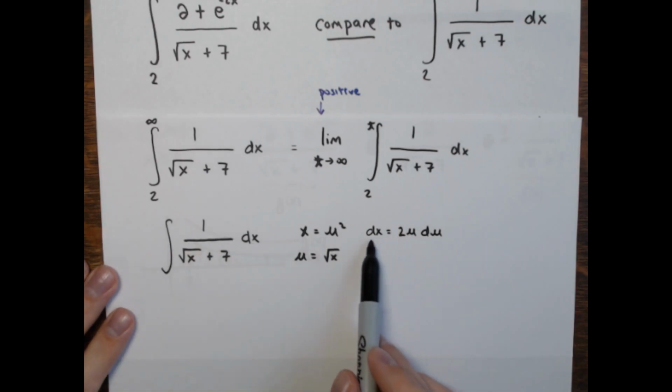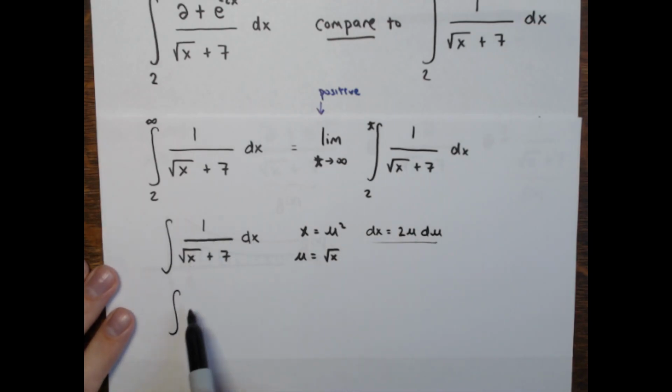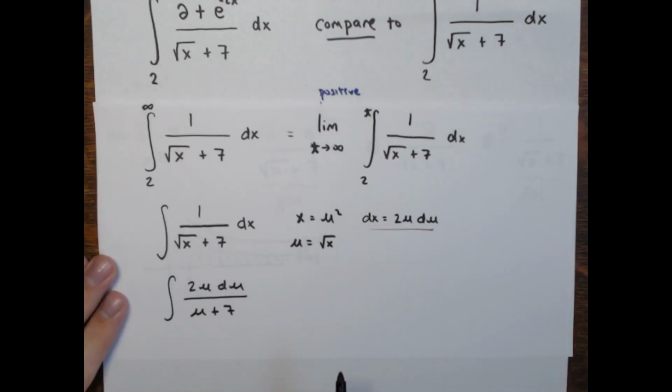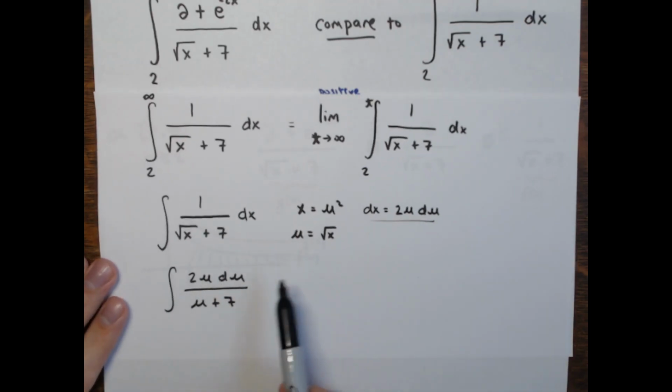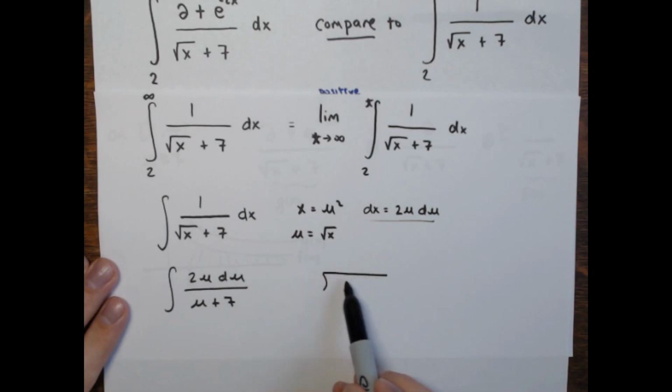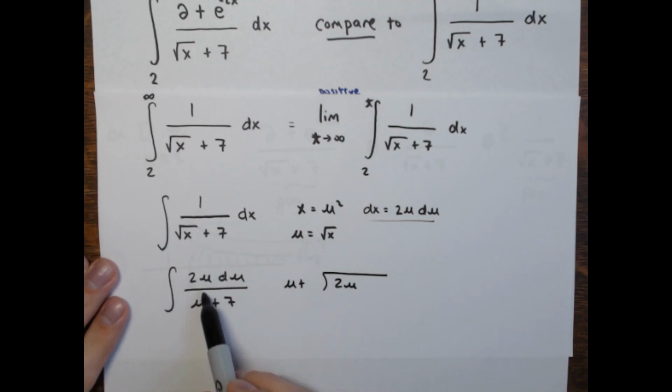So I make these replacements. dx is now 2u du when x is u squared, and down here this is just u plus 7. And I have one of them rational expressions, so I do division. It's an improper fraction, where the degree of the numerator is not smaller than the degree of the denominator.